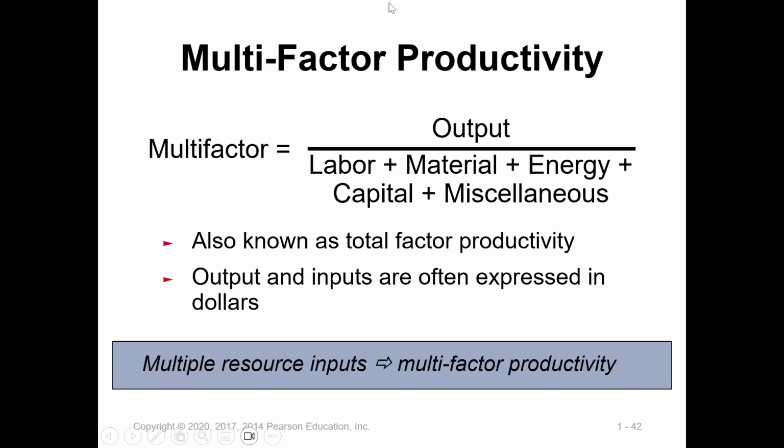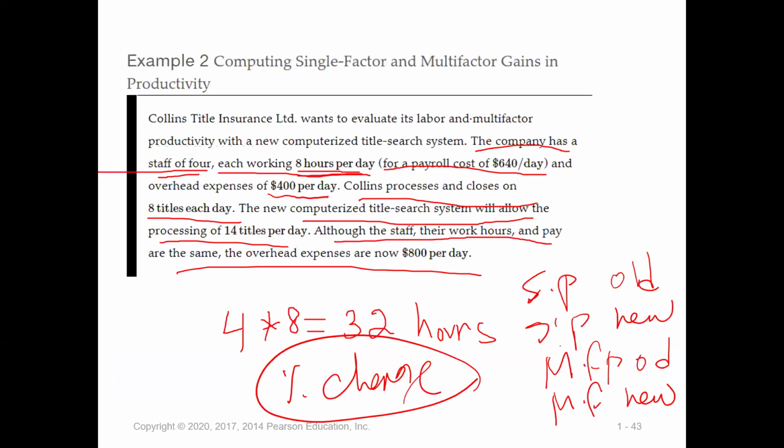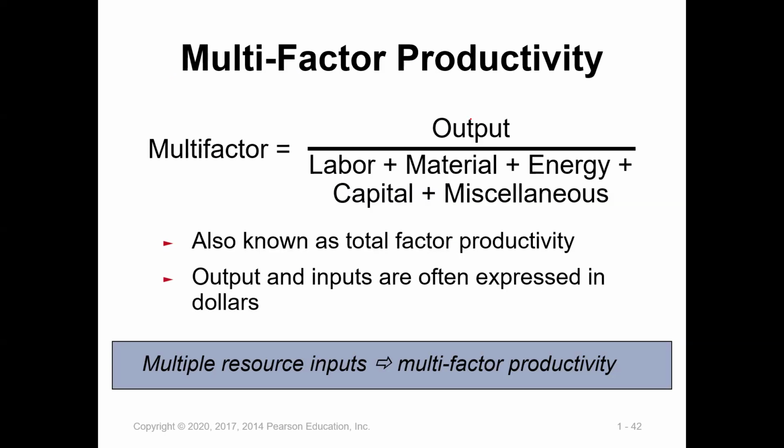And then we said the multi-factor productivity. The multi-factor productivity is the output divided by labor plus material plus energy plus whatever we spent, everything we spent. It's also called the total factor productivity.